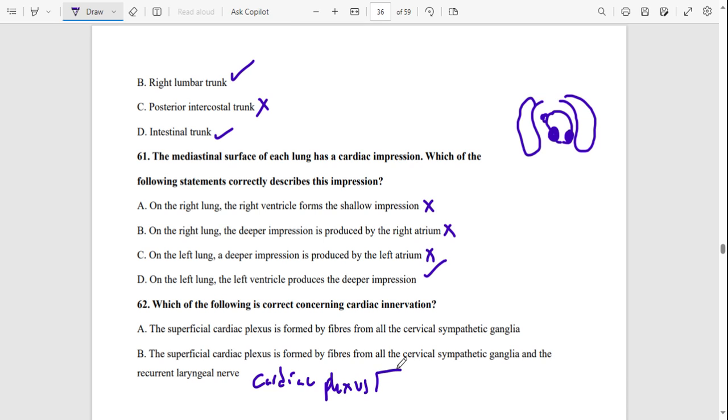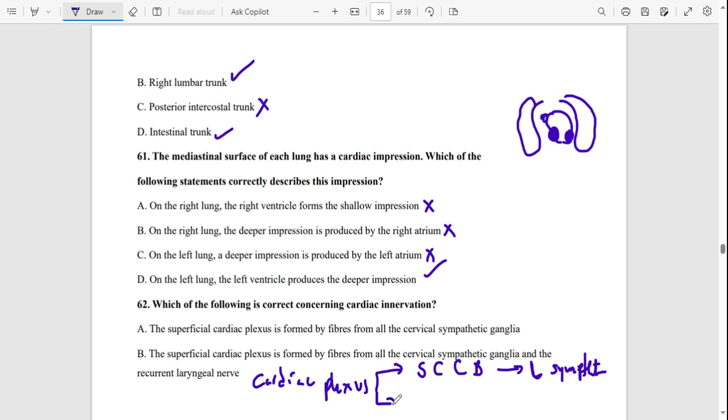The cardiac plexus is going to be made up of, one, the superior cervical cardiac branch. This one is coming from the left sympathetic trunk.